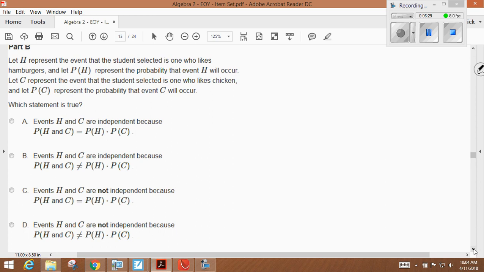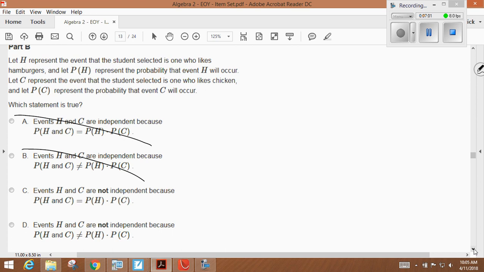With that definition in mind, we can say that people that like hamburgers and people that like chicken are not independent or mutually exclusive because there's an overlap. There are people who like both chicken and hamburgers, right? So because there's an overlap, we would say that they're not independent. So the best that we can do without formulas is cancel those two questions out. And then we got a 50-50.